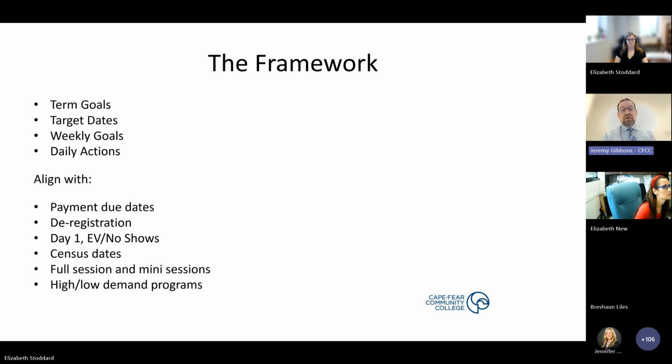But also, right at the end, we launched a phone campaign. And that was division-wide, where everyone jumped in and helped make sure that students knew if they hadn't done it, making sure they know how to access their class in Canvas and understand the enrollment verification, so they can complete it and move forward and not be dropped for not attending. Again, know those census date goals and don't forget about your mini sessions.